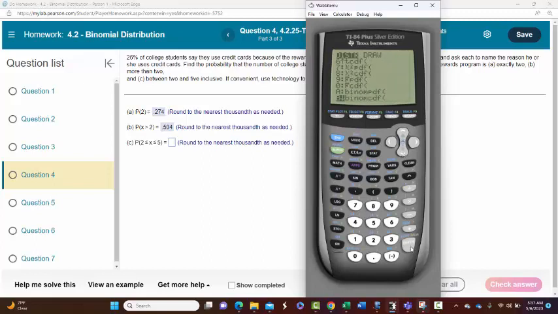It's binom CDF, and it was 10 trials, 2 successes. No, P is next, I'm sorry. But it is 2 successes, but 0.26. Now the X value is 2. Ta-da! Look at that. 0.504.